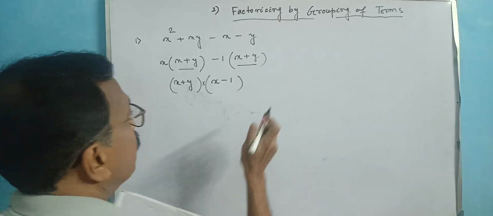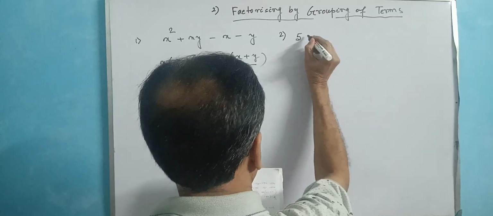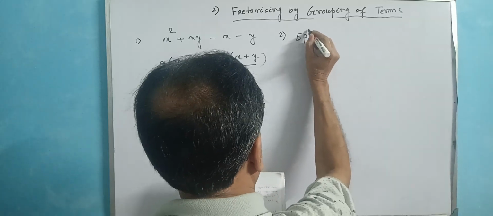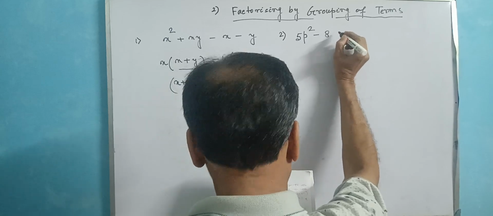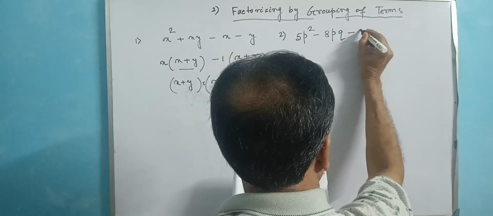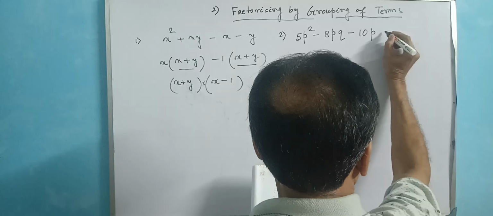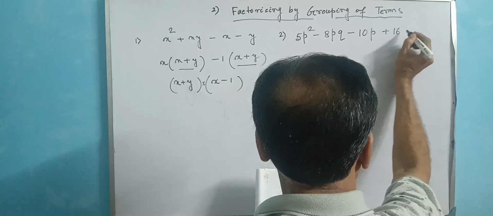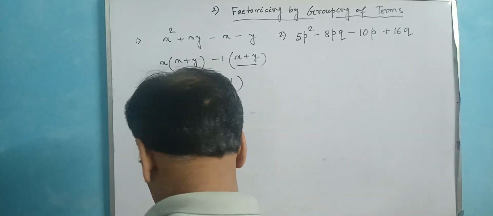Now the second sum. What is the sum? Here is number 2 sum. Suppose 5p square minus 8p cube minus 10p plus 16q cube.